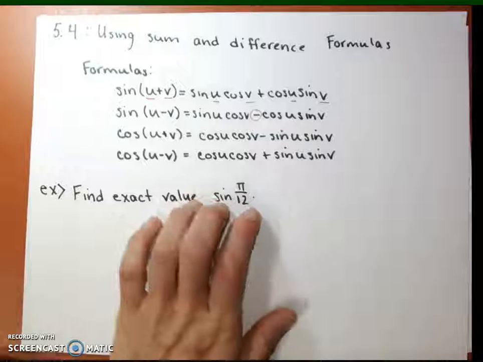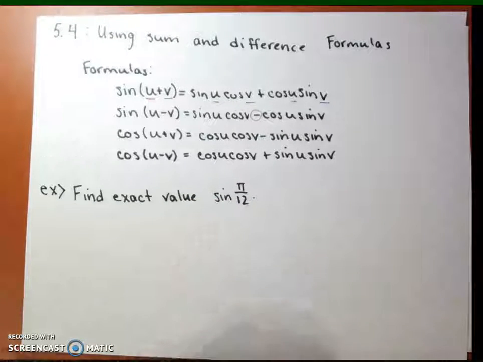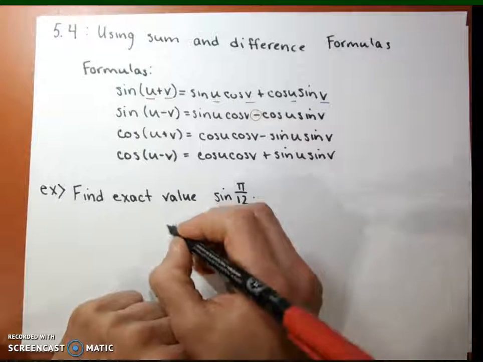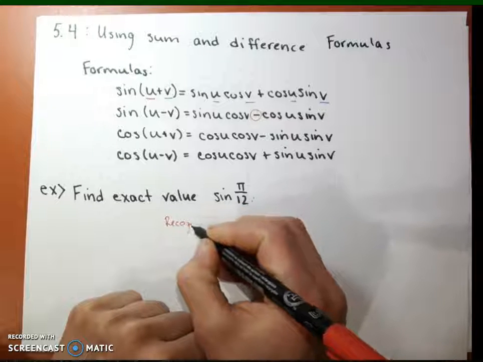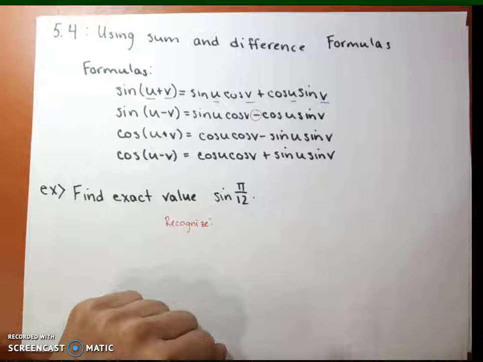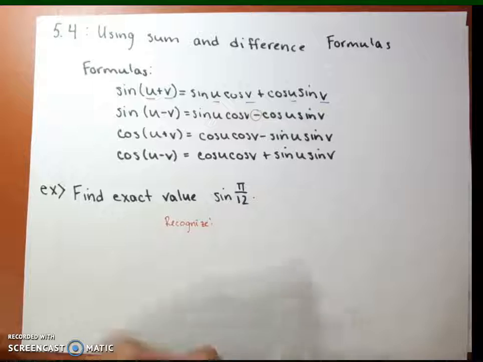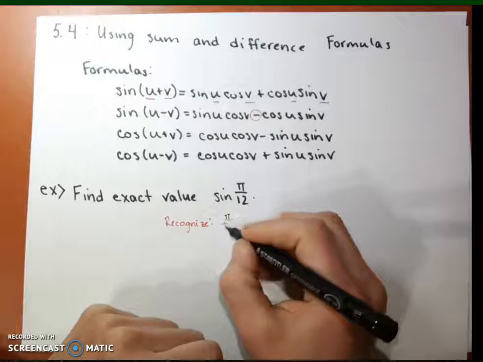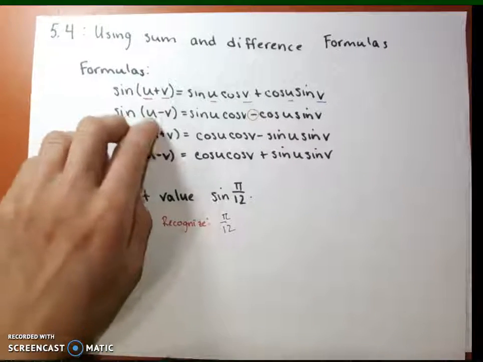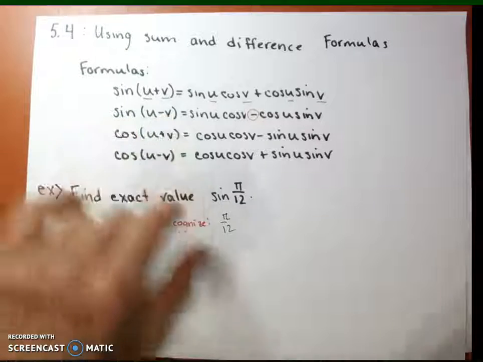And so the way that we're going to do this is to first recognize that we can write pi over 12 as the difference of two angles.